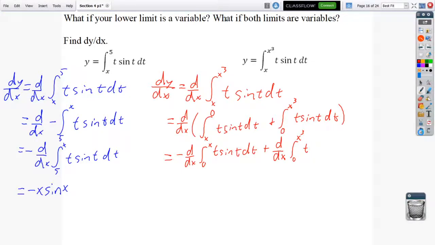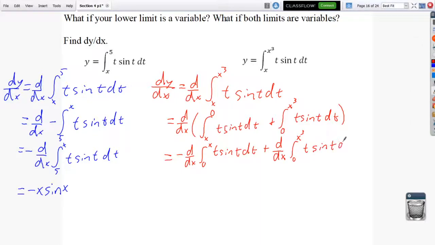Why did I start spelling sine with an A? So now again, on both of these: derivative of an integral, variables match, lower limit is constant. Cool. We just got to plug and chug.